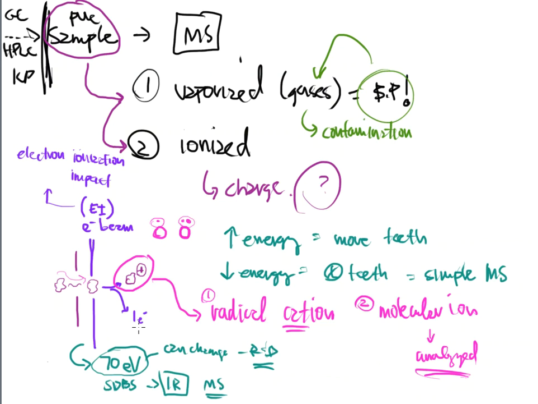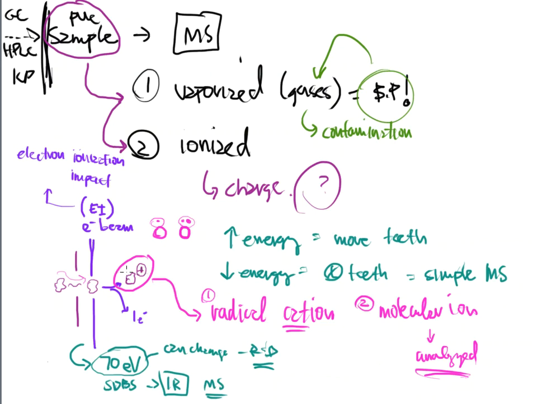That tooth is an electron that ends up getting removed, and we have this positively charged compound still present. We call this a radical cation, or really a molecular ion, is what most people refer to it as. And we said that the positive charge has to be on here in order for the molecule to do what it needs to do.